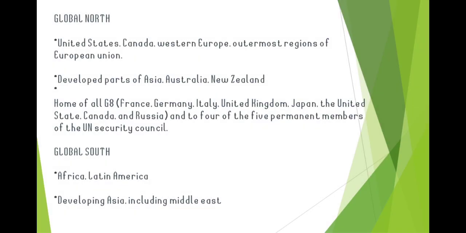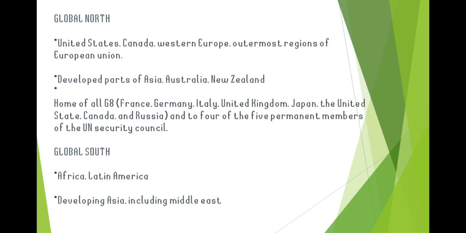These are the countries that make up the global North: the United States, Canada, Western Europe, the outermost regions of the European Union, developed parts of Asia, Australia, and New Zealand.